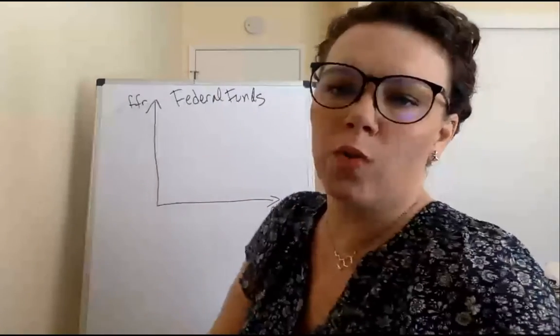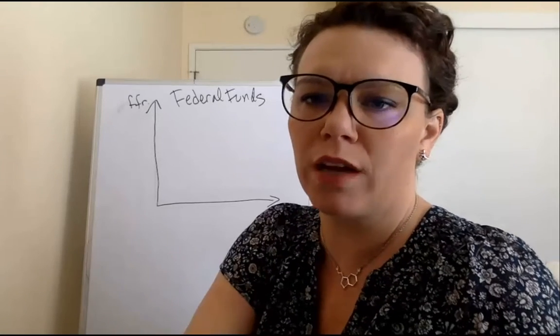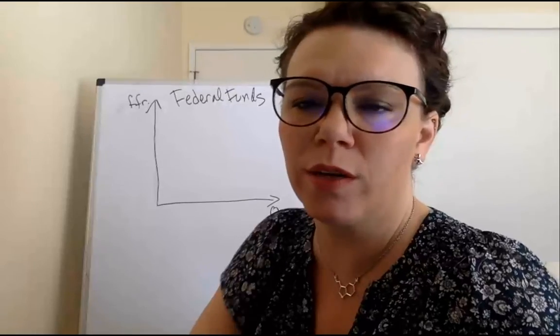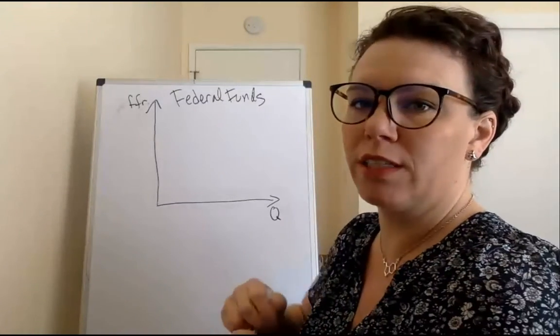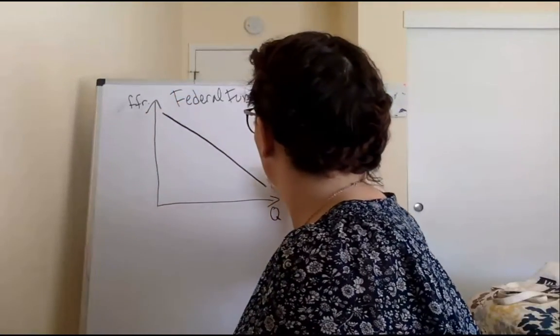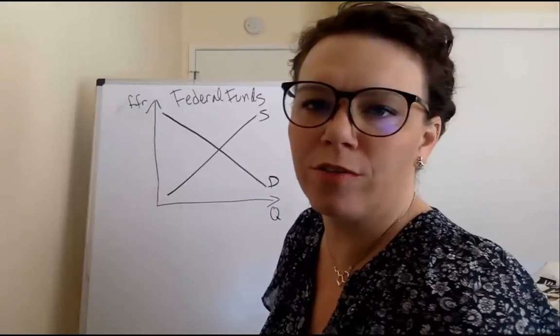And what we're going to see is that the Federal Reserve is going to try to target a specific level of a federal funds rate with the hopes of having that influence other interest rates. And so we're going to have a downward sloping demand curve and upward sloping supply curve for this market for federal funds.